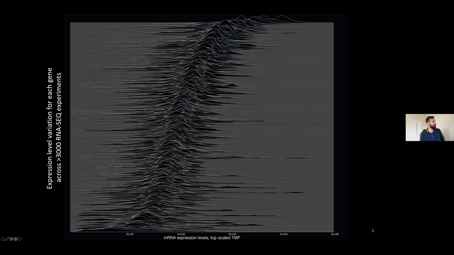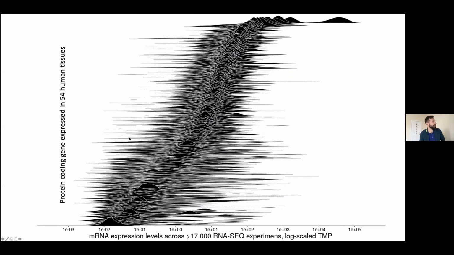The other way to see this is human data, exactly the same phenomenon, across different tissues and different proteins. You can see that some genes have a bimodal distribution, but the majority of them are also constrained within a certain range of expression.